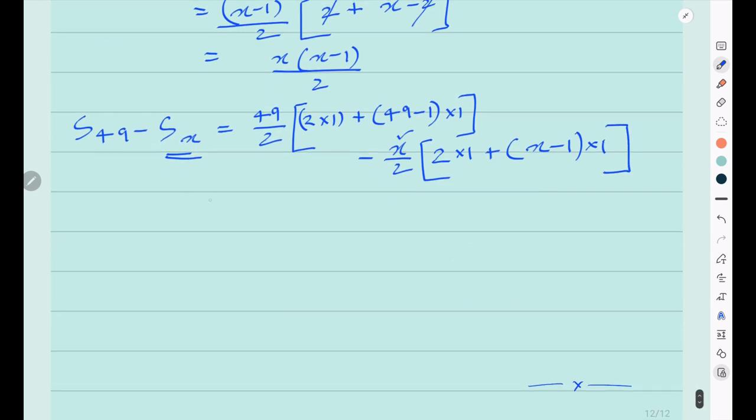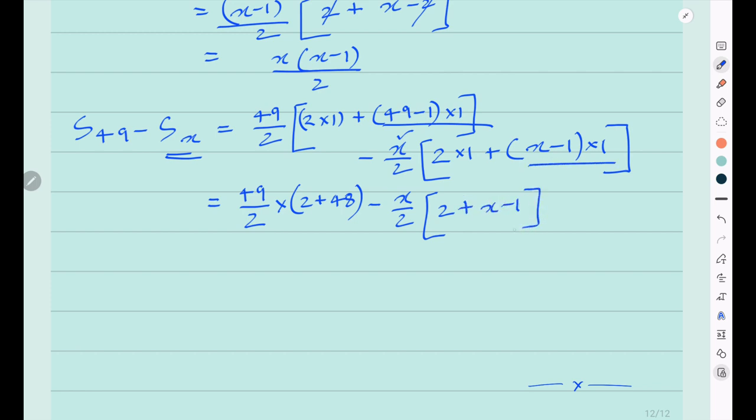Okay, so let us try to see what it gives us. Here it's 49 divided by 2 multiplied by 2 plus 48, isn't it? And then minus x divided by 2, and then 2 plus x minus 1.